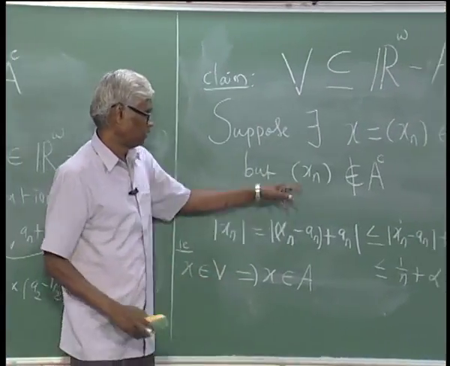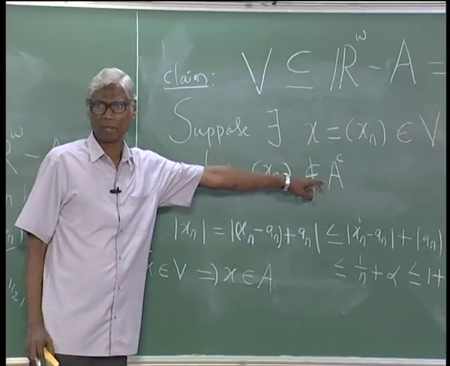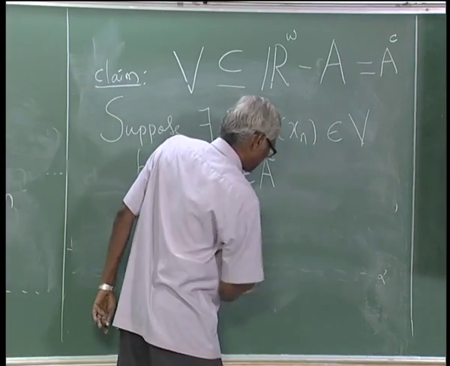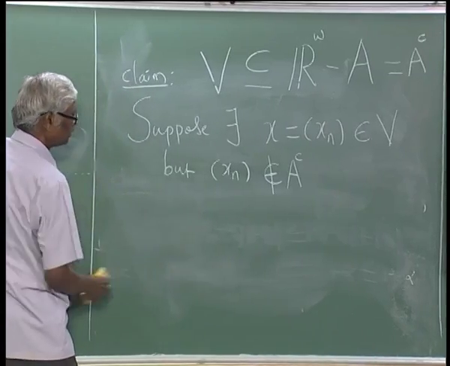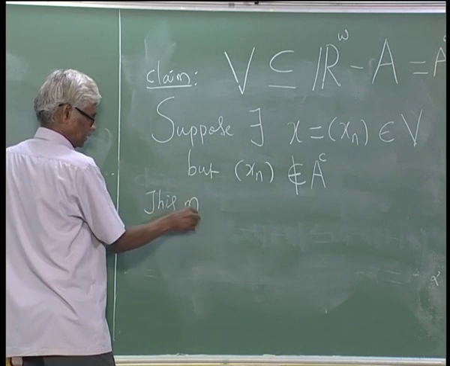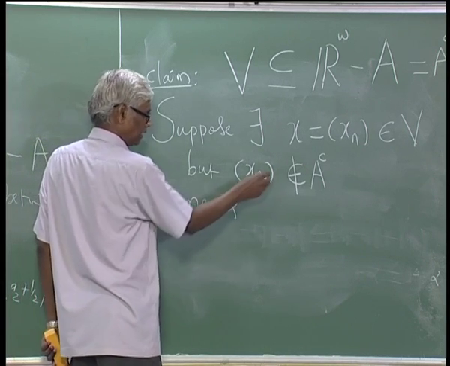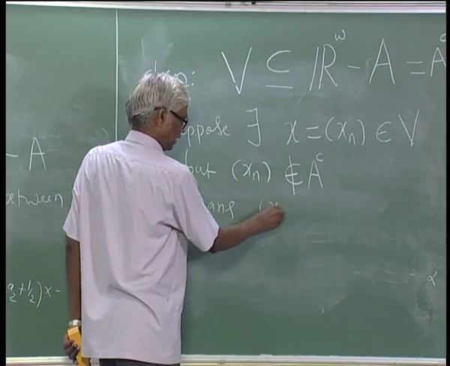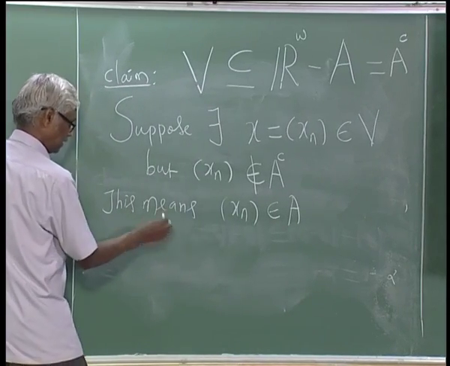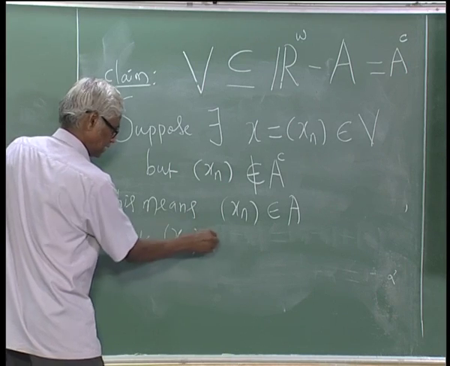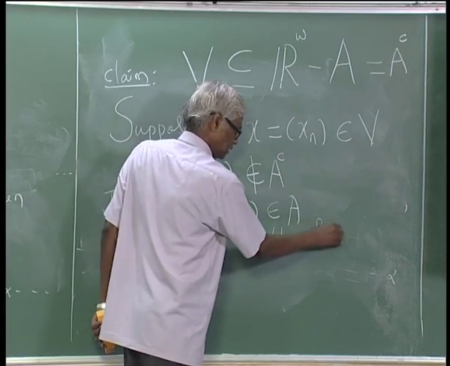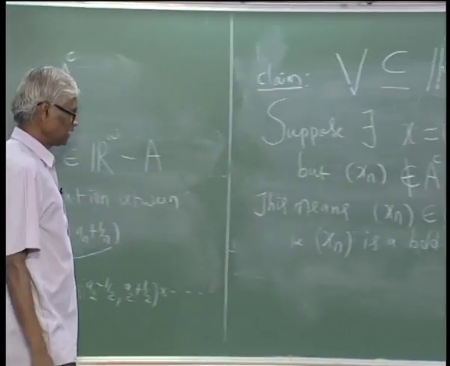That means (x_n) belongs to capital A. Then this means the sequence (x_n) belongs to A, that is, (x_n) is a bounded sequence.